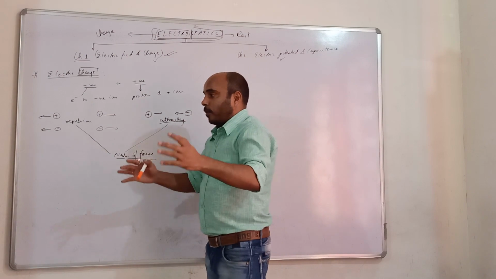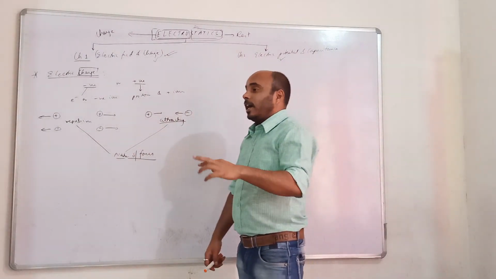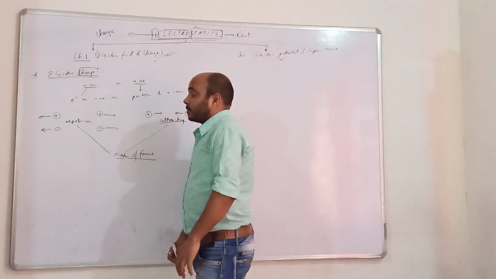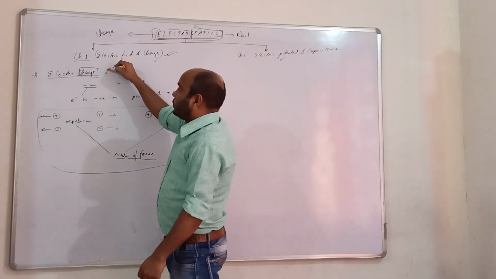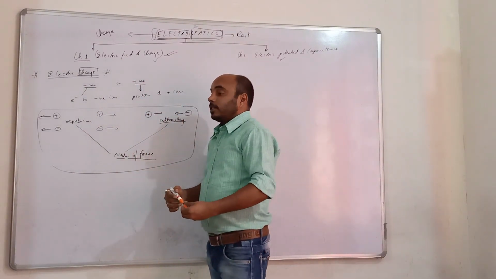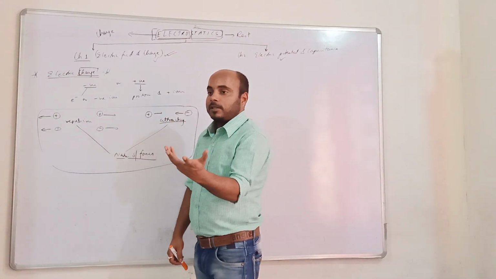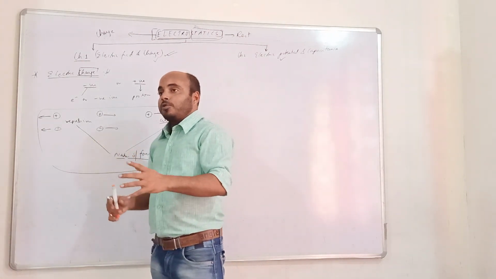So from today, we will study like this: whenever there are two charges, they either attract or repel, depending on the nature of the charges. So, depending on this scenario, what is the definition of charge? Charge is a property of any material, any body, any substance, due to which the body can exert electrostatic force on each other.